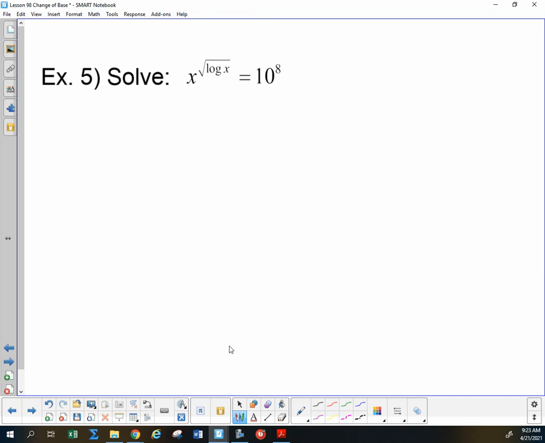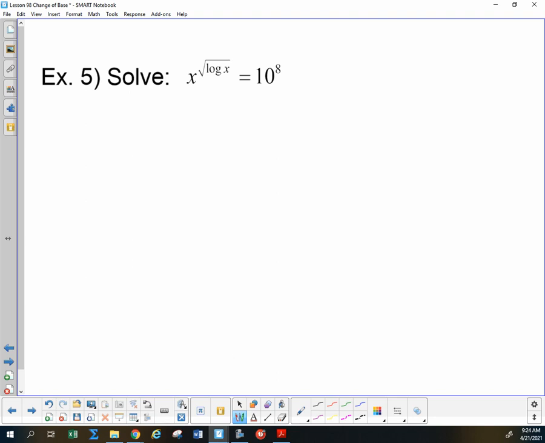Okay, this time we have x to the log of x is 10 to the 8. This one is looking really strange. I'm going to start off on this one because I have an x in my exponent as well as a base. I'm going to start off with the method of solving an exponential equation, but I want to take a log of both sides, a log of some kind.